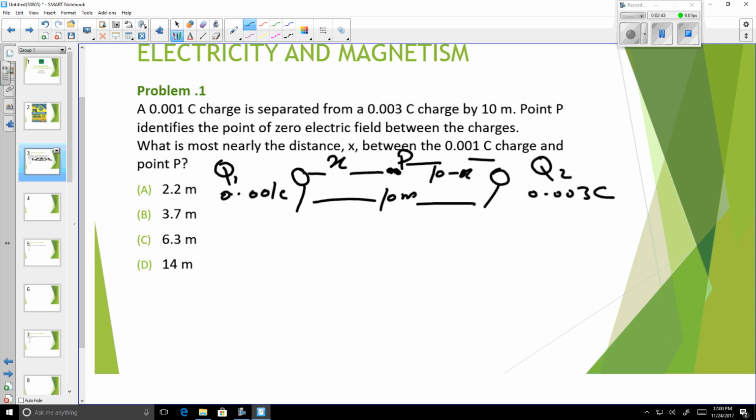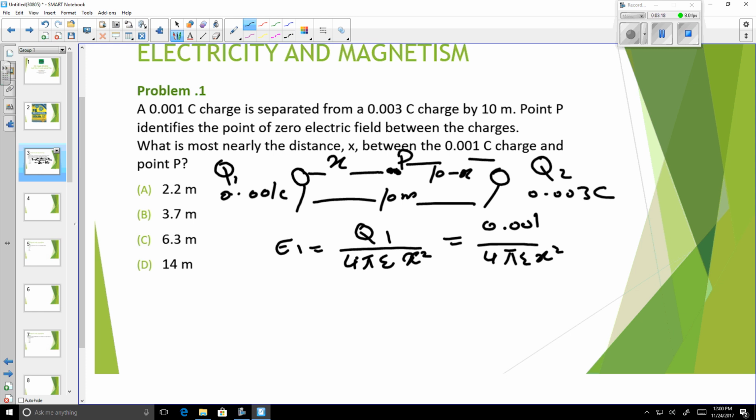Now let's find the electric field. The electric field is the force applied per unit charge. The electric field at point P due to Q1 is E1, which is Q1 over 4 pi epsilon times x squared, where x is the distance from the charge Q1 to the point of interest. Substituting Q1, that will be 0.001 over 4 pi epsilon x squared.